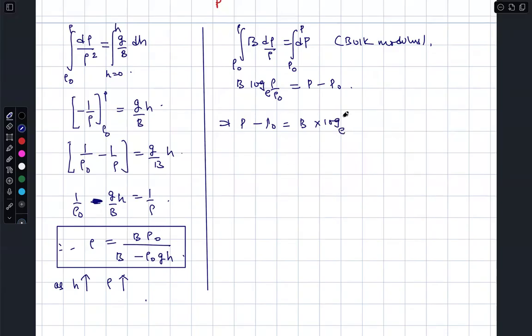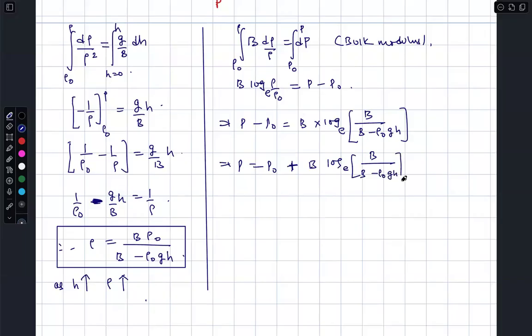Just now I have derived rho by rho naught is B by B minus rho naught g h, which means one definition is B times log e of B by B minus rho naught g h.